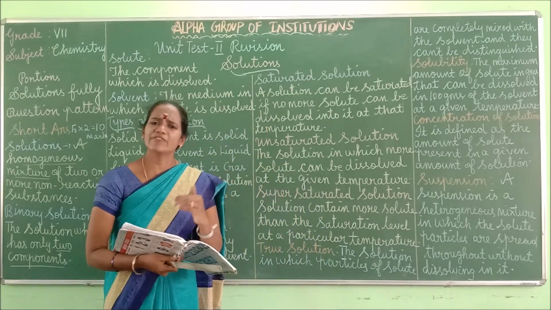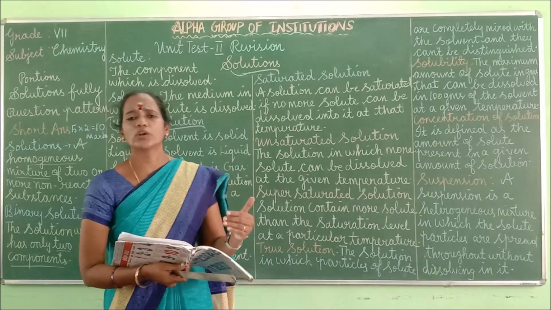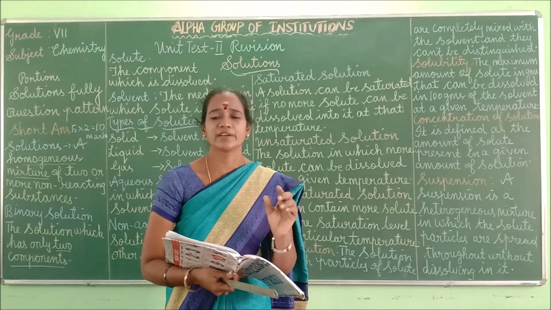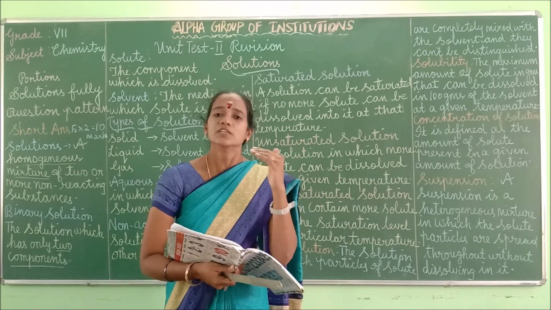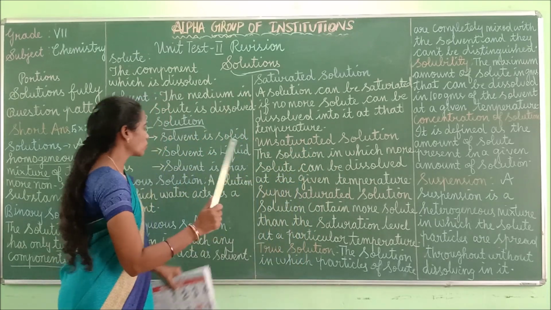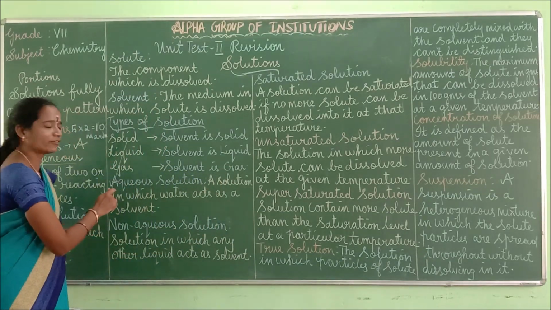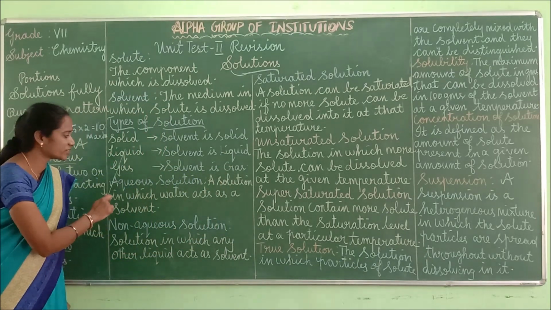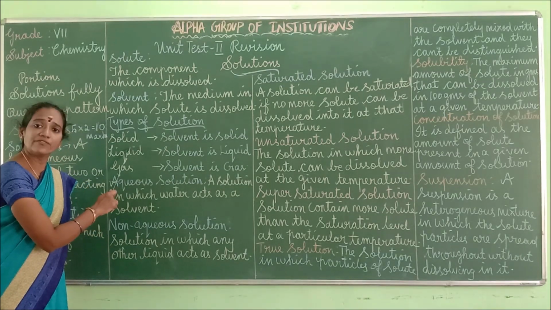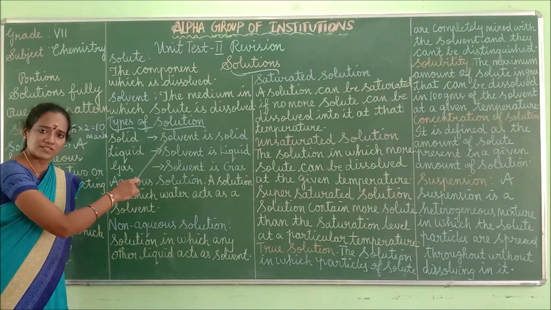For each and every solution, whether it is solid, liquid or gas, you have to mention the solvent. You have to write the solid solutions, liquid solutions as well as gaseous solutions, and for each state you have to mention the solvent.